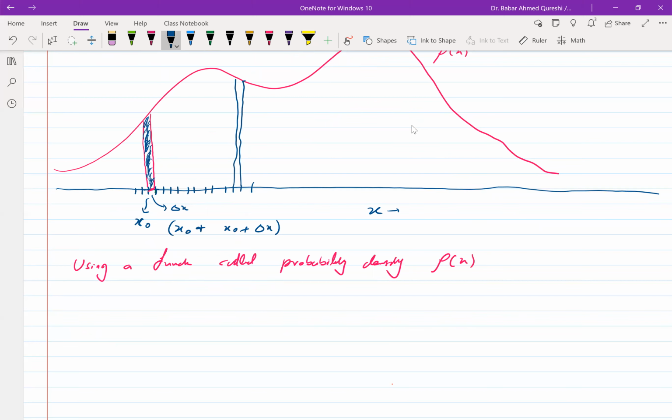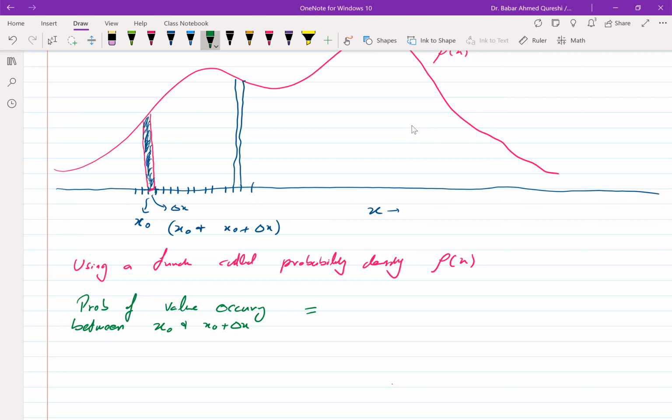So the probability of a value occurring between x naught and x naught plus delta x in this bin is equal to this area.